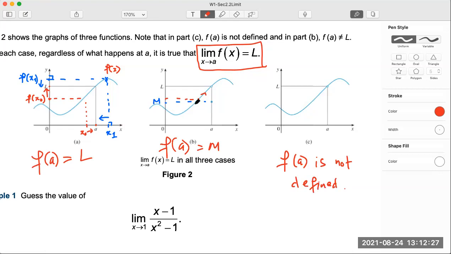But the limit of all these functions is the same. It is equal to L. Is it clear about limit now? Try to memorize these graphs. It helps a lot.